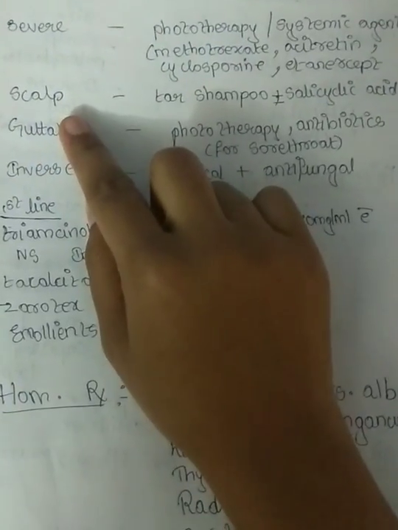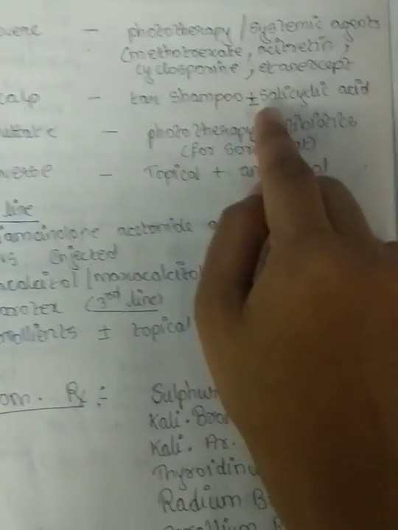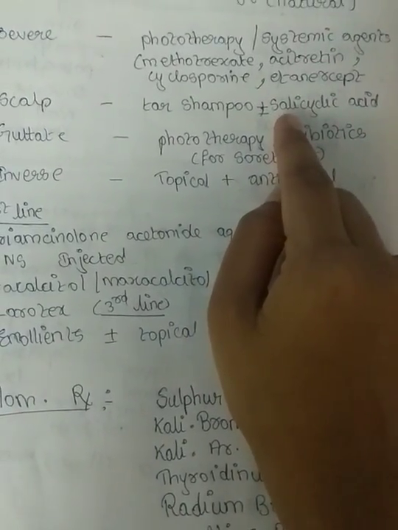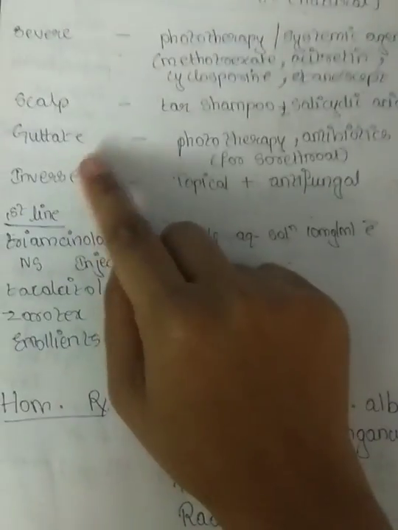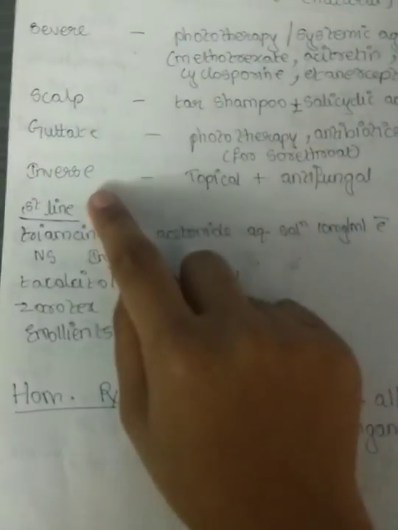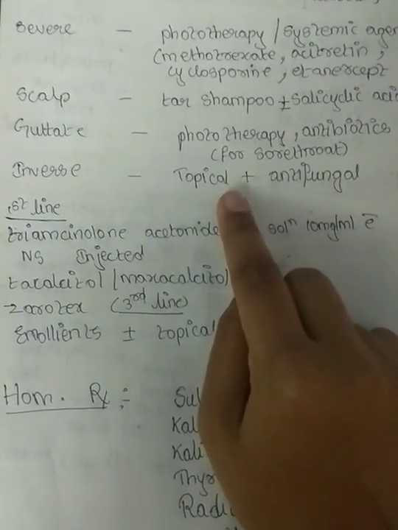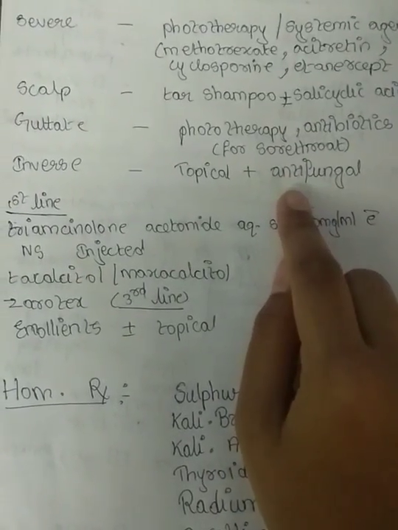Then for the scalp, we need to use a tar shampoo, which should include a salicylic acid component. I have said this is for the guttate, which we have seen before. For inverse, we need to use topical steroid plus antifungal creams.